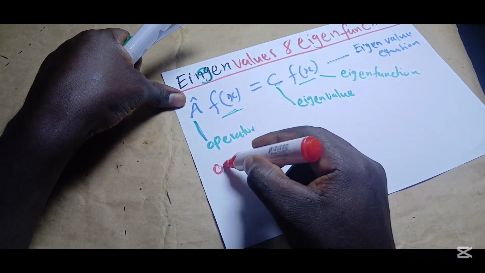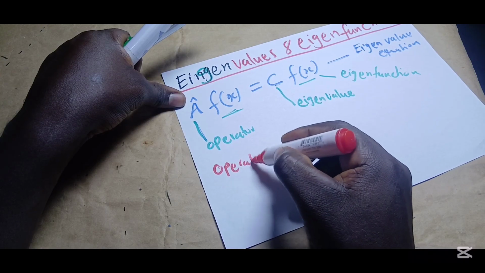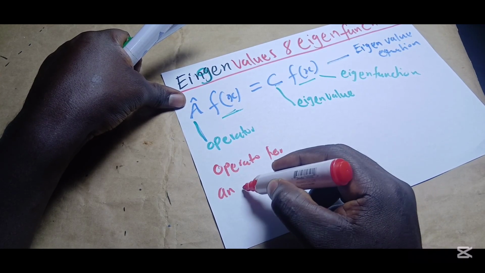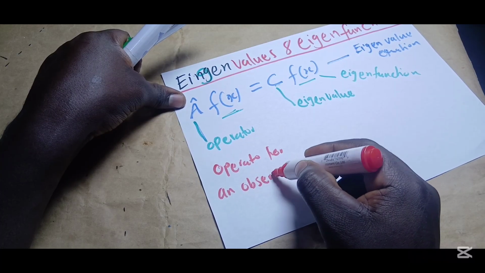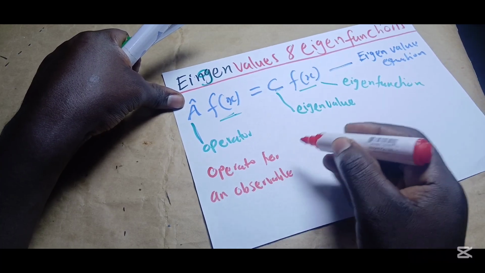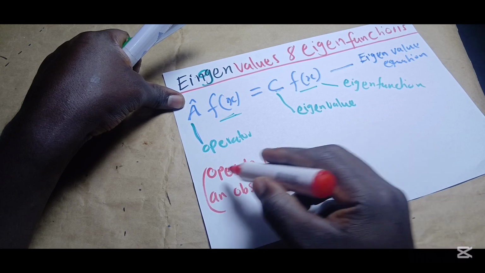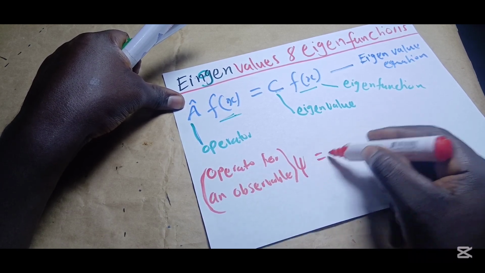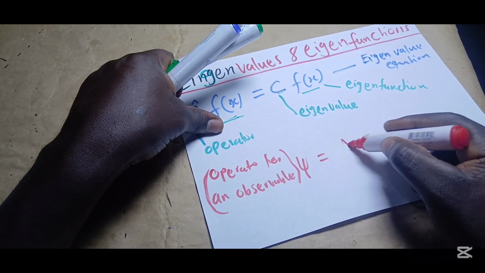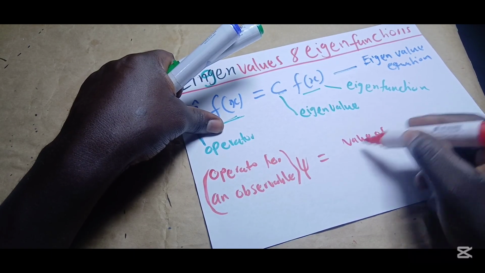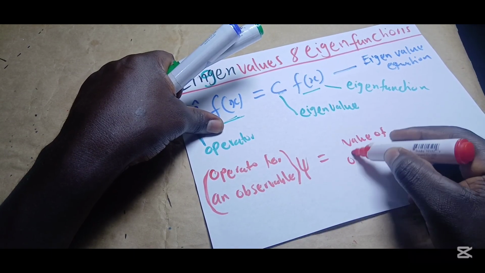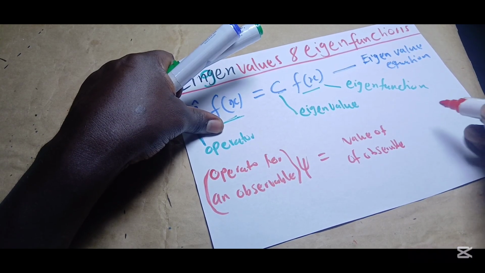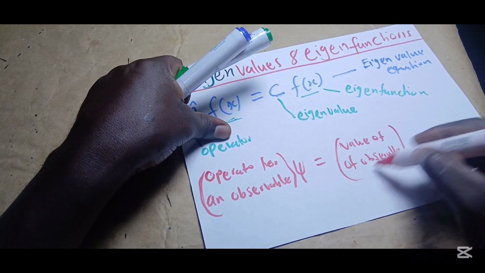We are going to have the operator for an observable, and the observable is what we want to measure, acting on the wave function to give us the value of the observable multiplying the wave function again.